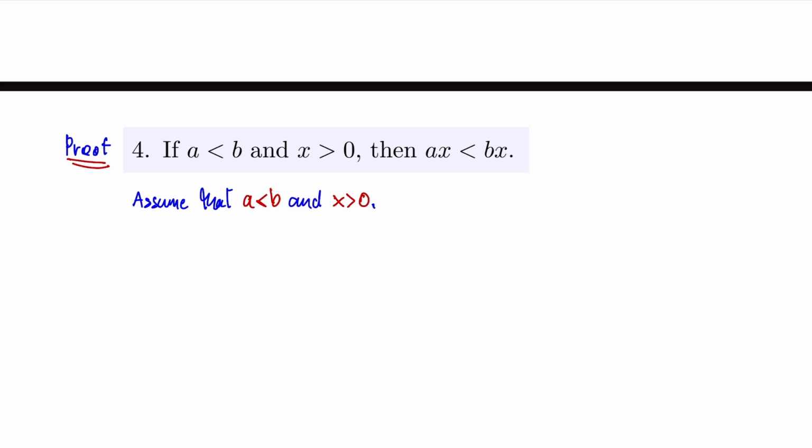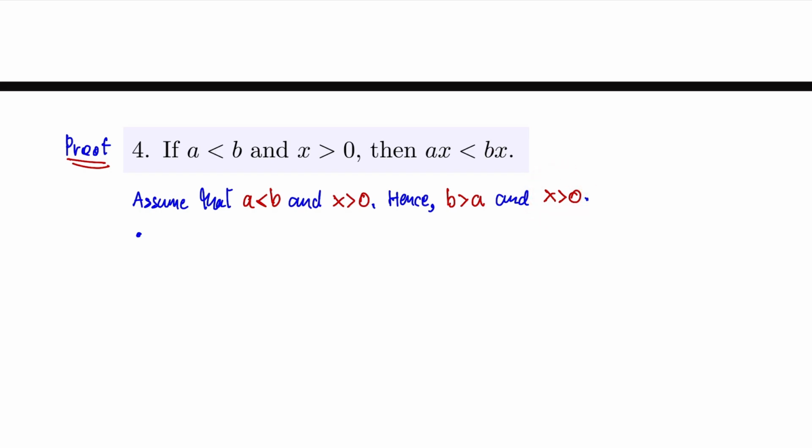This is by definition of less than. A less than b implies that b is greater than a. And x is greater than 0. Since a and b are integers and x is also an integer, x must be a positive integer.